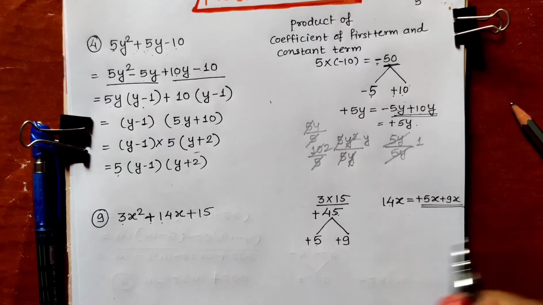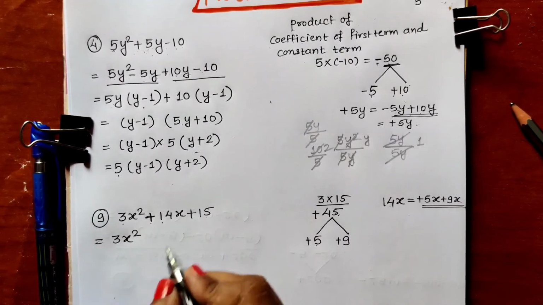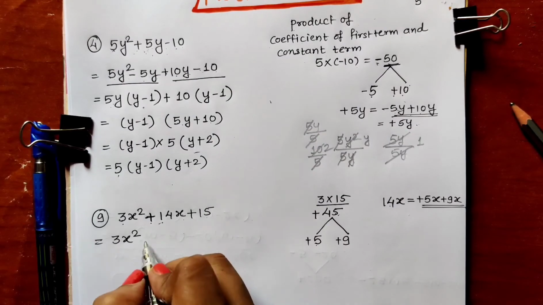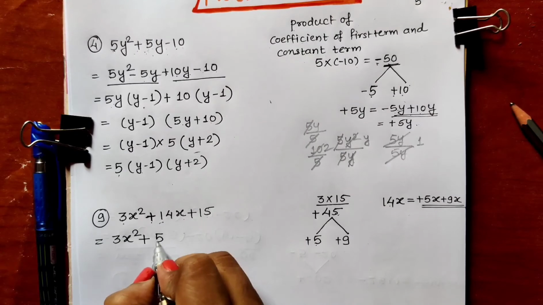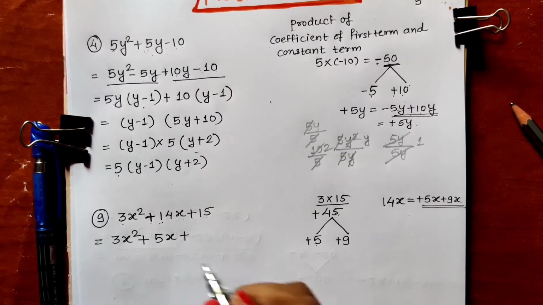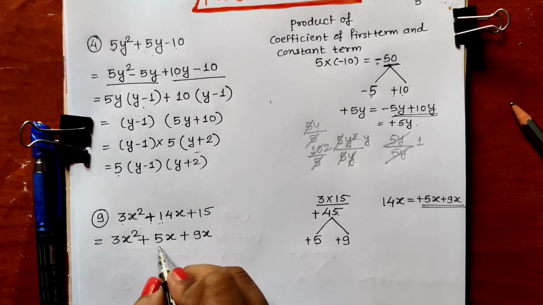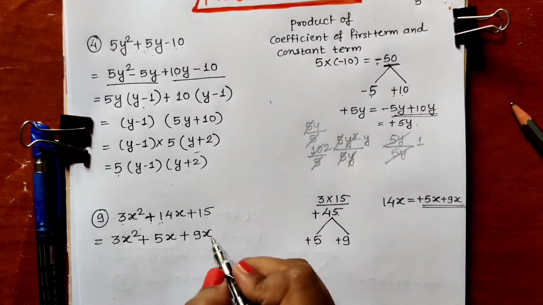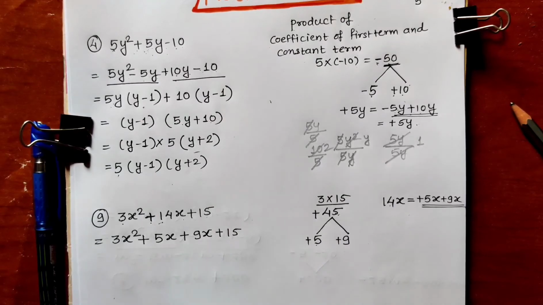9x. So we write the first term 3x square as it is, and in place of the middle term we will be writing two terms. We will split the middle term. We write it as 5x plus 9x, or we can write 9x first and 5x afterwards, so it will be easy to take out common.